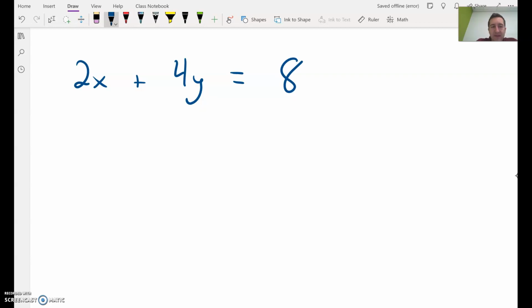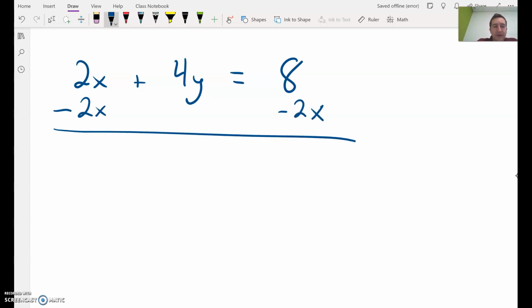So I want that y by itself, so I'm going to move the 2x over to the right side first. I'm going to use subtract. So that's gone, and we have 4y equals 8 minus 2x. Let's put the slope first, so minus 2x plus 8. Notice what I did there. I could have written 8 minus 2x, and it would be the same.